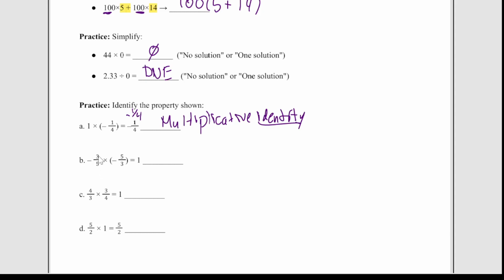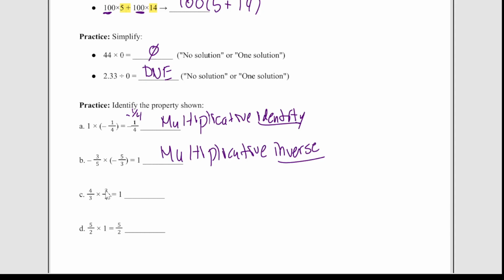However, if I'm saying negative 3/5 times negative 5/3 is 1, that's the multiplicative inverse, because I just undid the negative 3/5 to get back to the identity of 1.